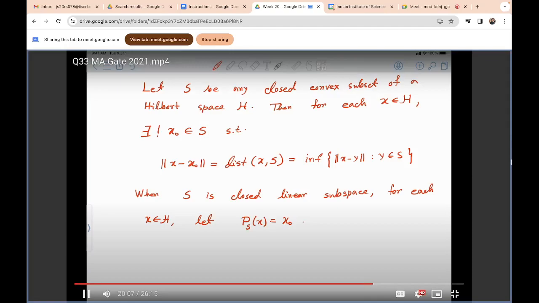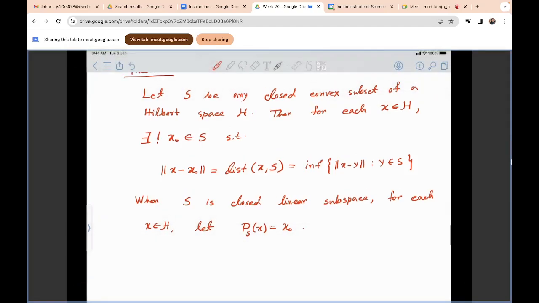This theorem guarantees that for x in H, we have a unique x naught in the closed convex subset.